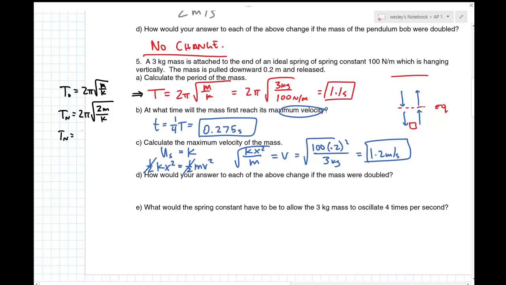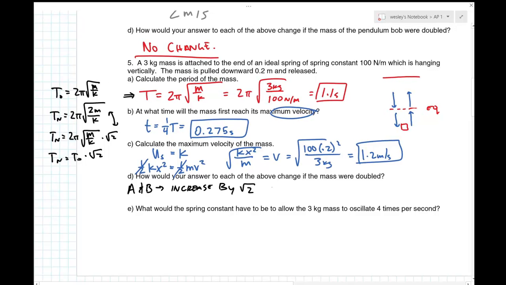So the new period is 2 pi times the square root of m over k, our original thing, times the square root of 2. Mathematically, these two things are the same. So my new period is my old period times the square root of 2. So A and B both increase by a factor of the square root of 2.